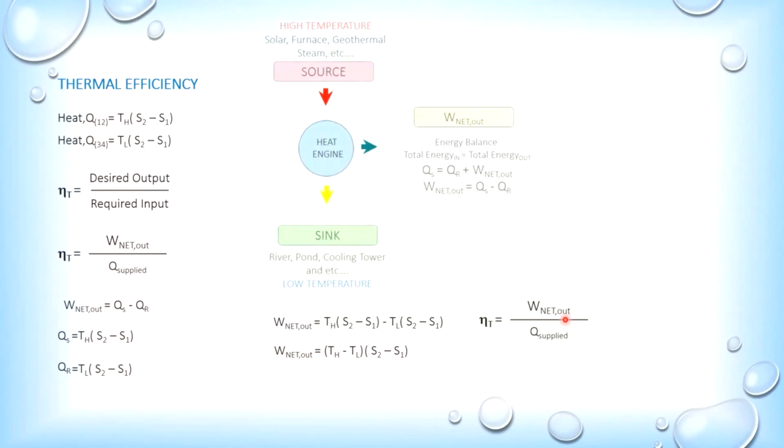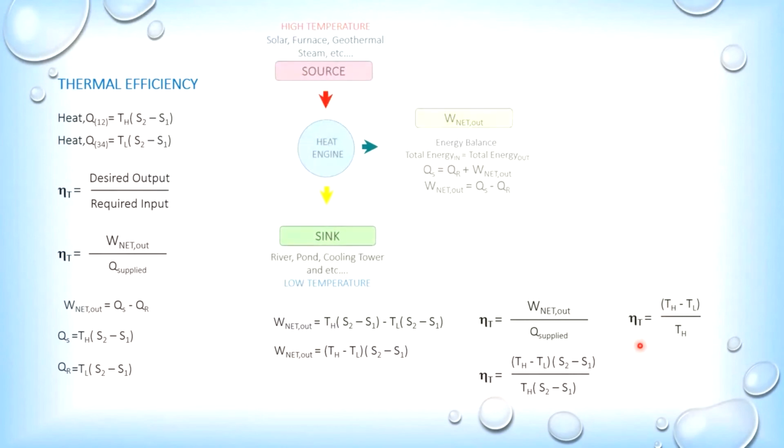Then come back to the definition of thermal efficiency. When you simplify this, you get the thermal efficiency, or the Carnot efficiency, for a vapor Carnot cycle.